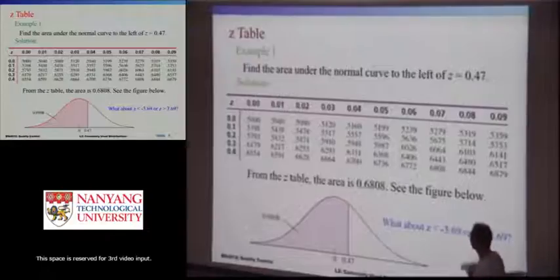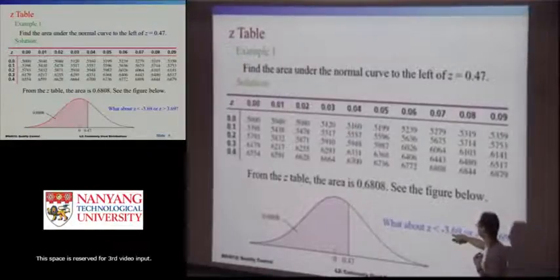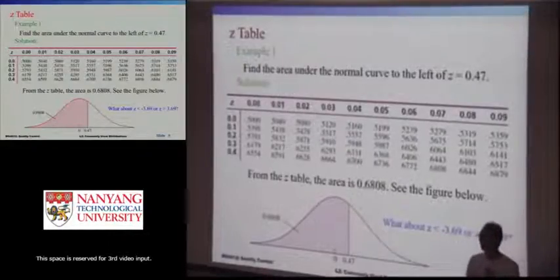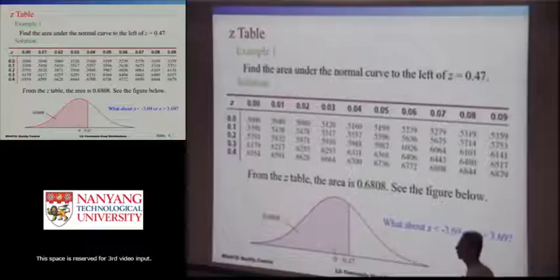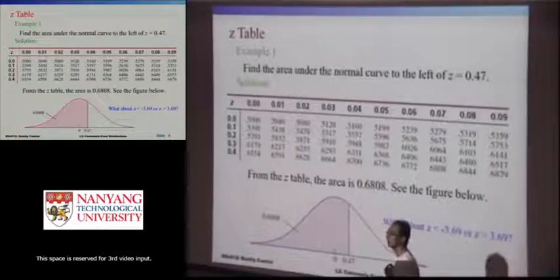So what about z smaller than minus 3.69, or z larger than 3.69? Look at your z table. If z is smaller than minus 3.69, what value should we get?